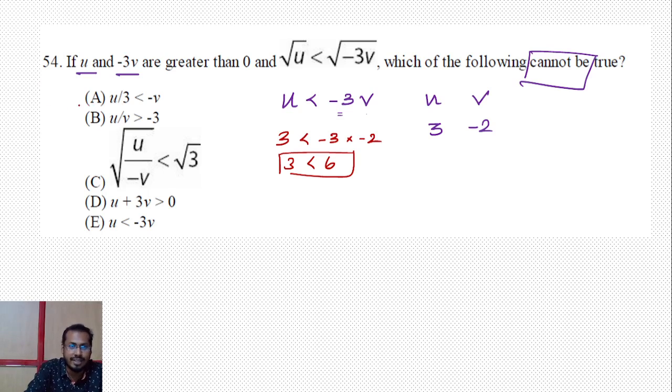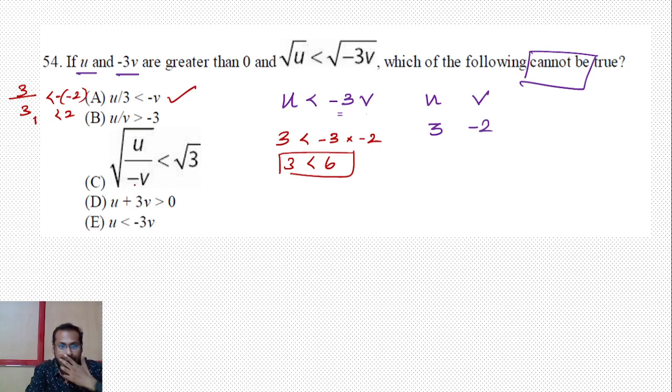Look at option A: u divided by 3 is less than negative v. u was 3, and negative v is negative of negative 2, which is plus 2. 3 divided by 3 is 1, so A is right.